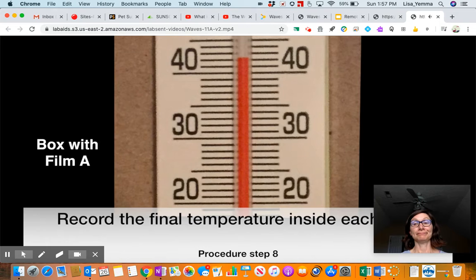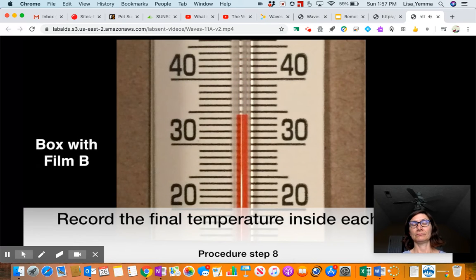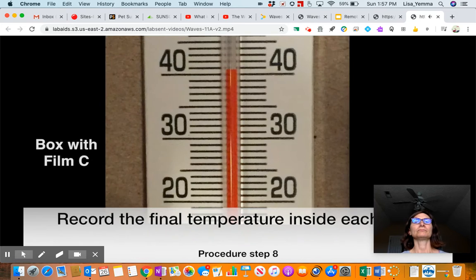Record the final temperature inside each box. Box with film A. Box with film B. Box with film C.